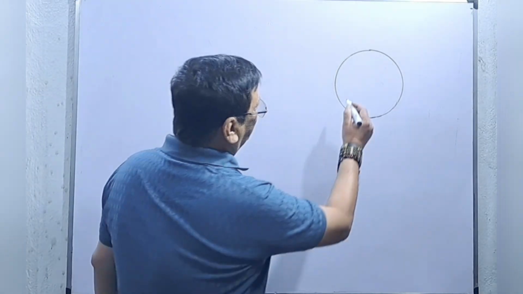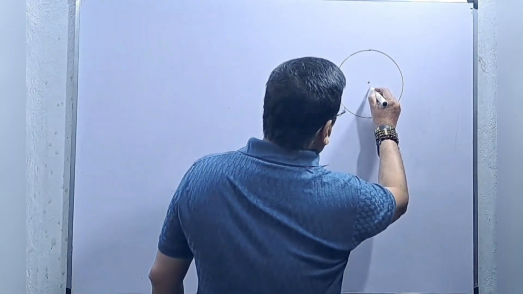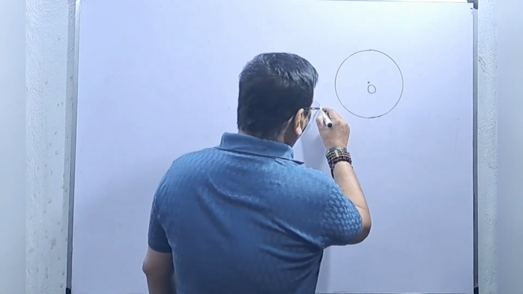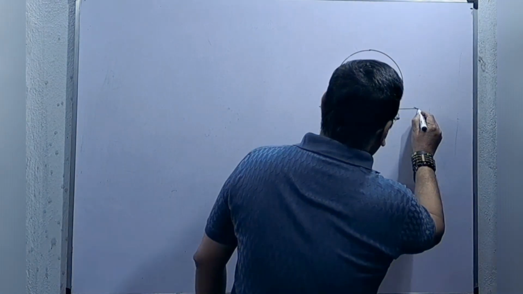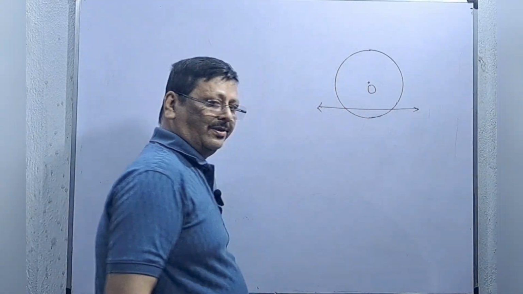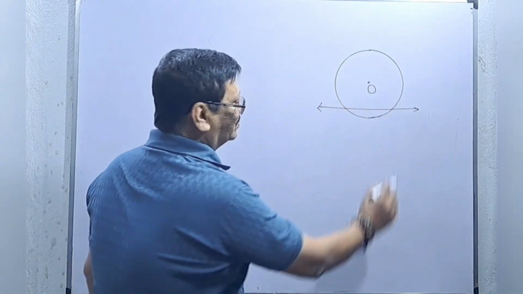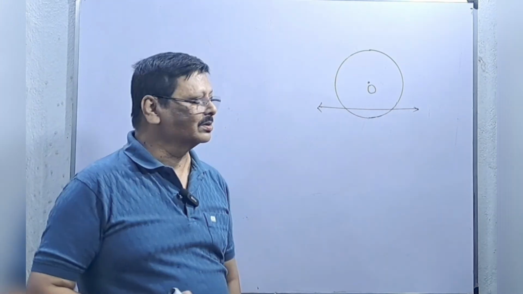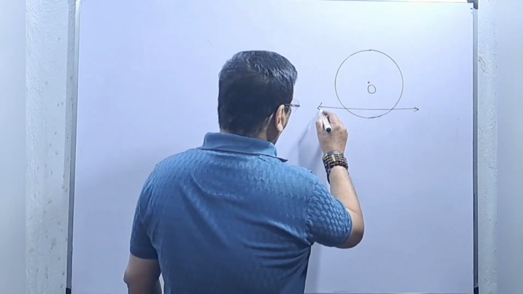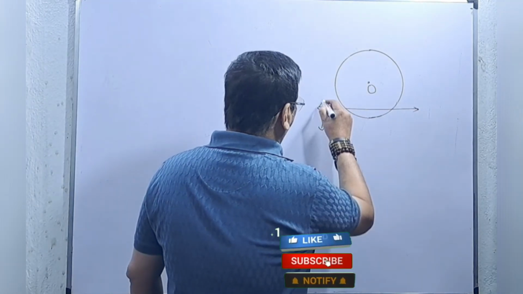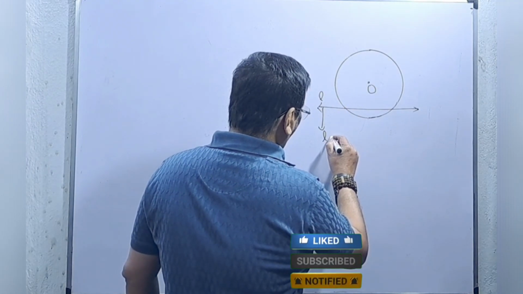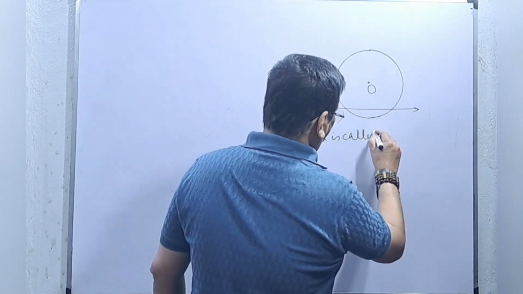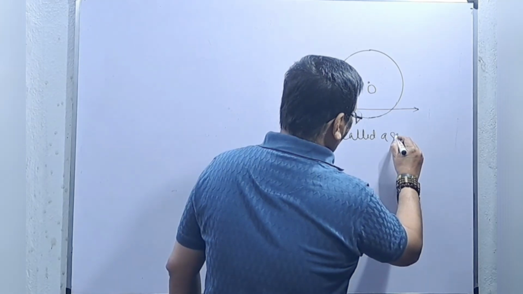Here we have a circle with center O, right? Now if you draw a line like this, which cuts the circle at 2 points, and the points lie on the circumference of the circle, this line, say L, is called a secant.